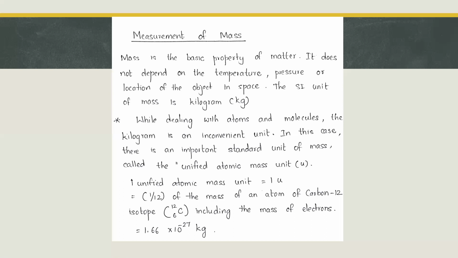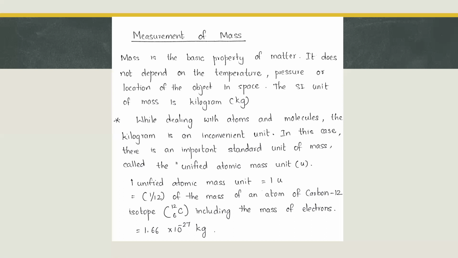As you know, they are very, very small. So, for that, what is the unit? In that case, scientists use one important unit of mass that is called unified atomic mass unit.